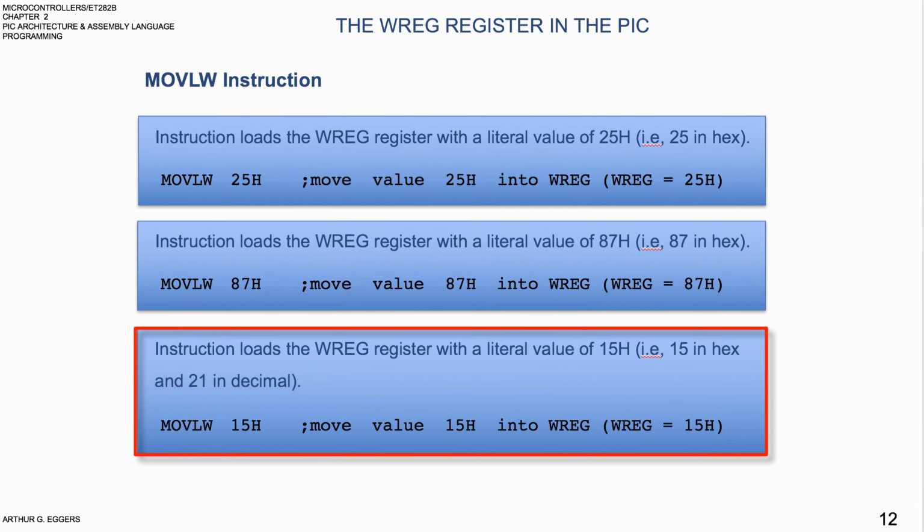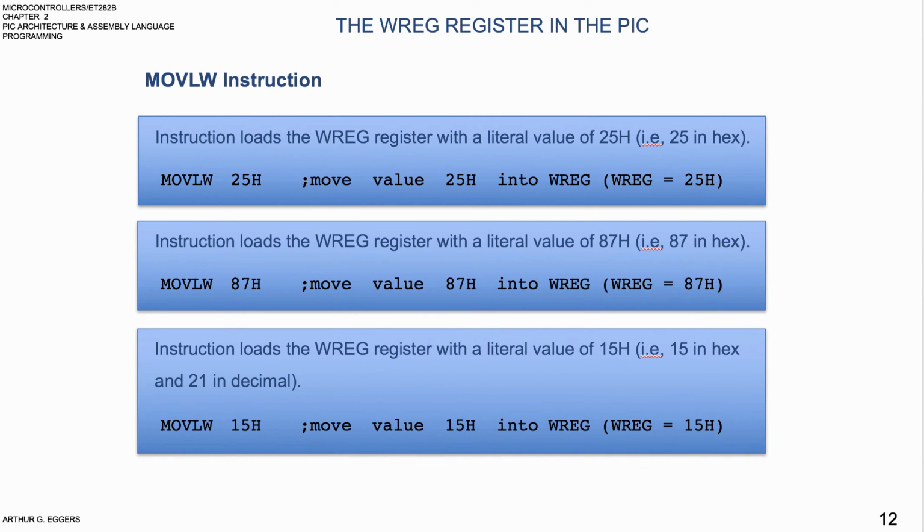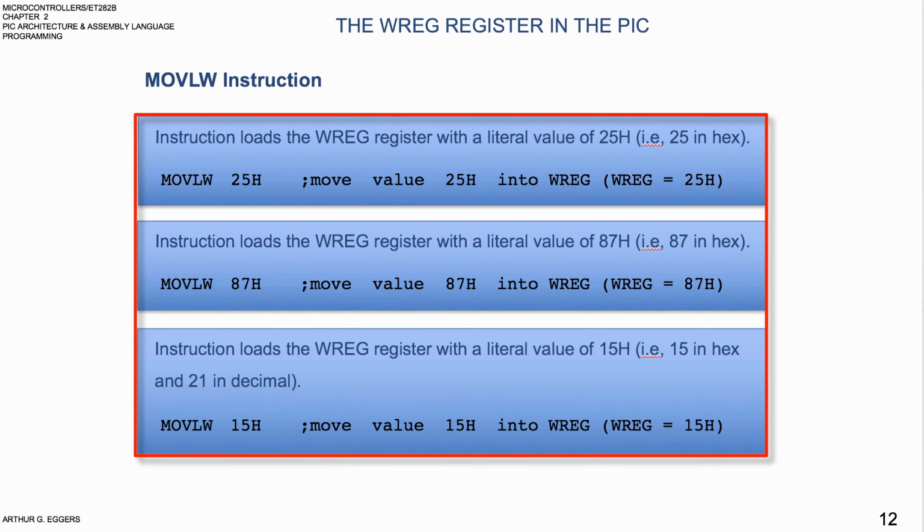MOVLW 15H; move the value 15H into the working register. So all we've done is gone through and given some instructions to move values 25, 87, and 15 into the working register. Next we'll take a look at adding a literal into the working register.